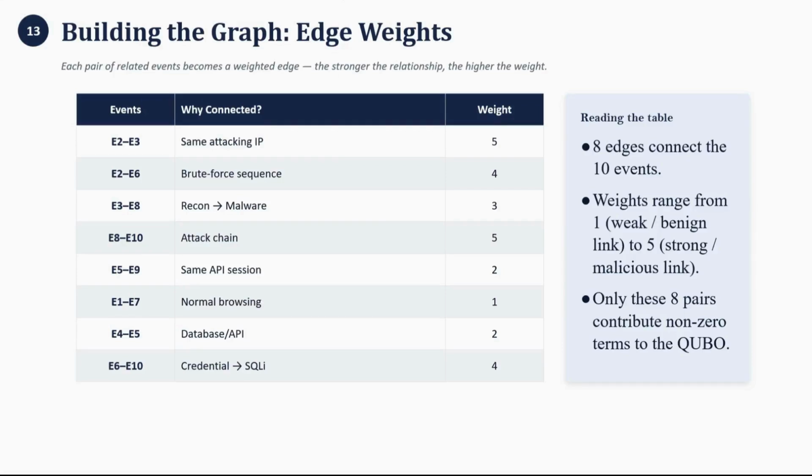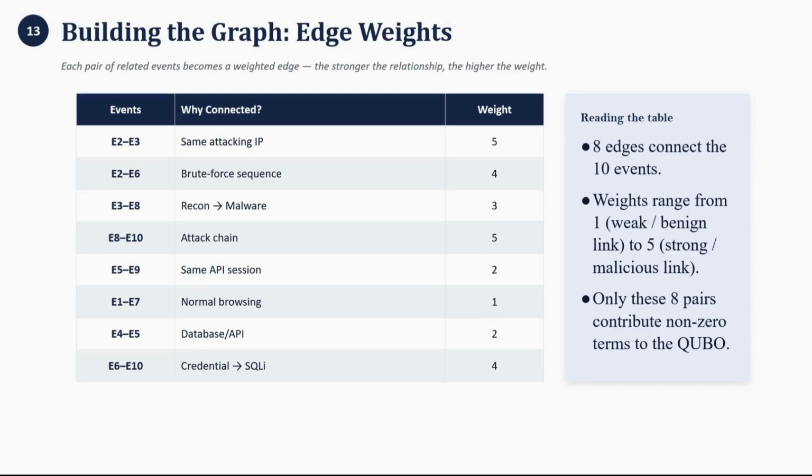We first need to define the relationship between the events which we have defined before. Here I have a table which lists the 8 weighted edges in an example graph. As we see, each edge represents a meaningful relationship, like two events originating from the same attacking IP address, a brute force login sequence, or consecutive stages of an attack chain.